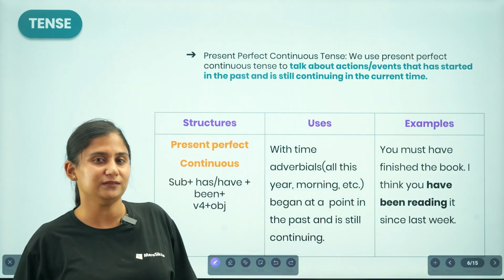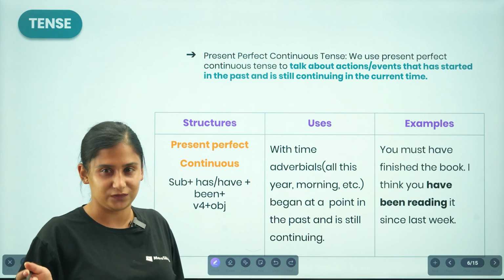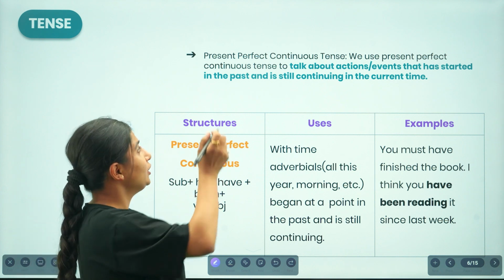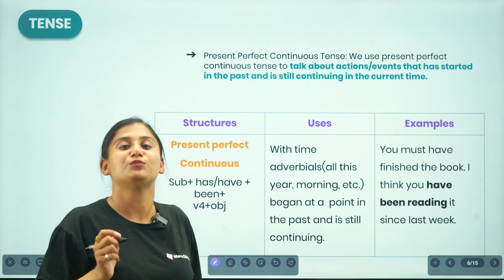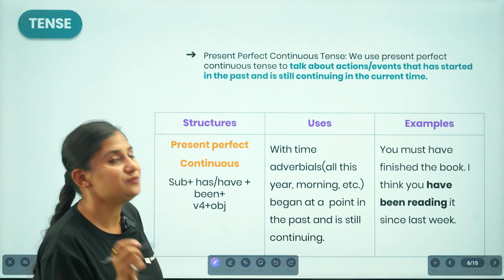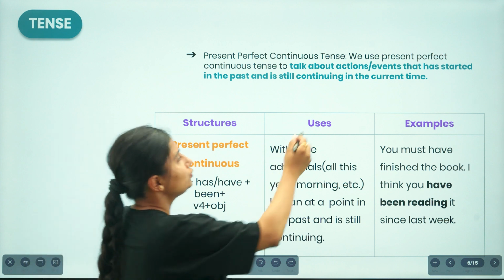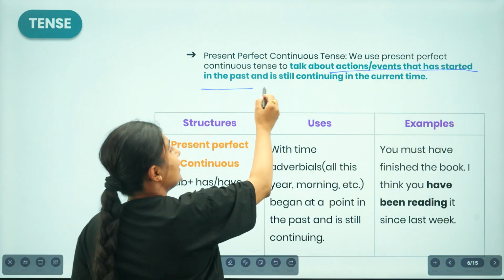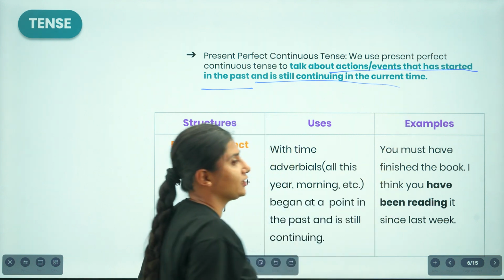This is something quite hectic for most students, because we usually get confused about what present perfect tense is and what present perfect continuous tense is. Here we use the present perfect continuous tense to talk about actions that started in the past and are still continuing at the current time.